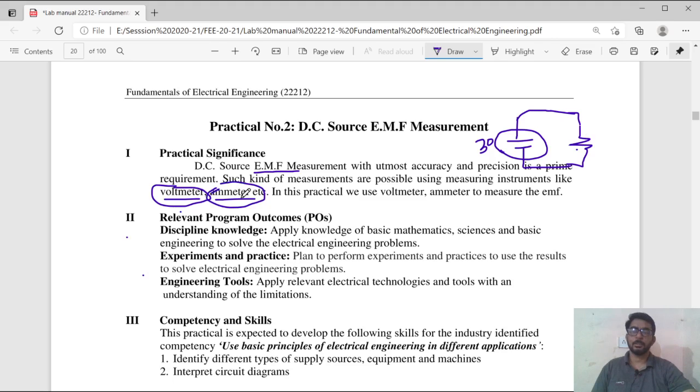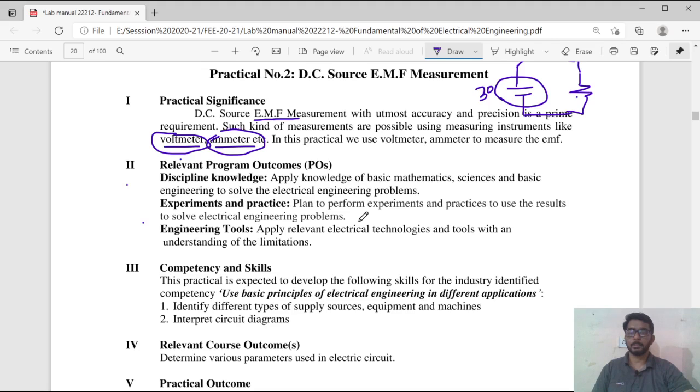This ammeter is always connected in series, and this voltmeter is always connected in parallel. So, by using this voltmeter and ammeter, we can read the EMF available in the source.